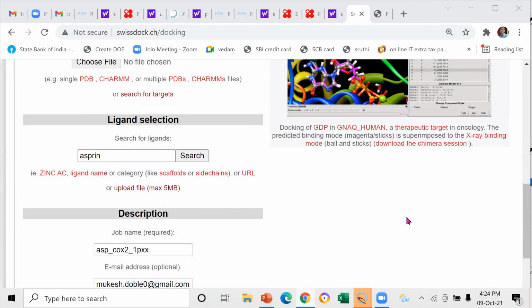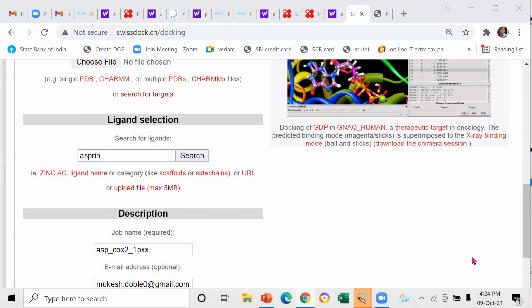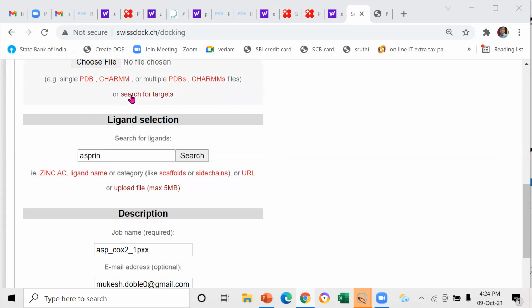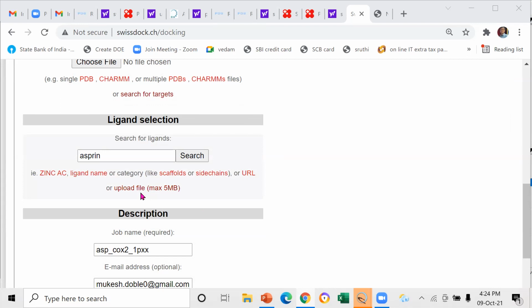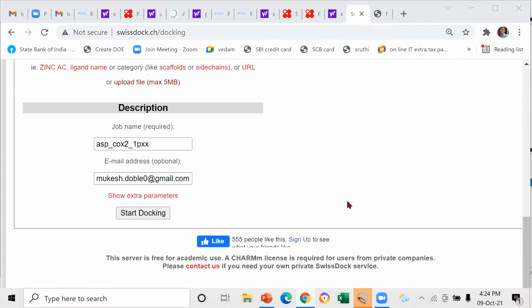Upload file, and then I give that mol2 file. Please remember it has to be a mol2 file. So that molecule will come there. Then you give your job name.